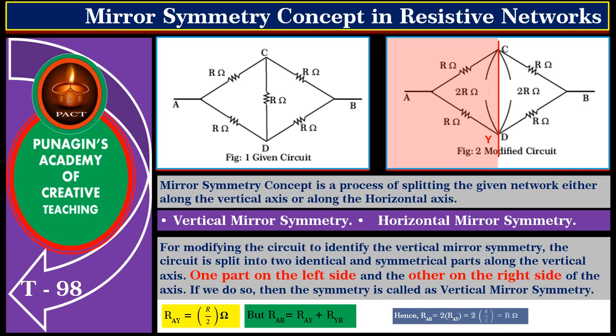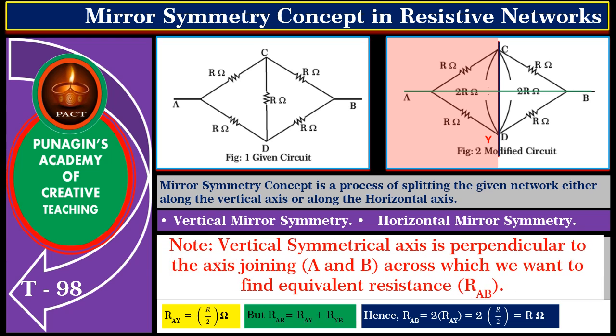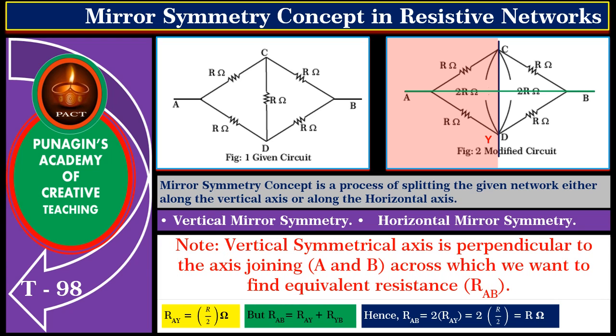Hence, RAB is equal to 2 times RAY and is equal to 2 into R by 2, which will give us R ohm again. Note, the vertical symmetrical axis is perpendicular to the axis line joining A and B, across which we want to find the equivalent resistance RAB.